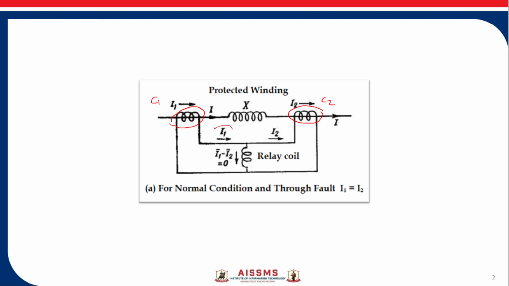Let one current be I1 and the second current be I2. So the vector difference between these two currents flows through the relay coil.